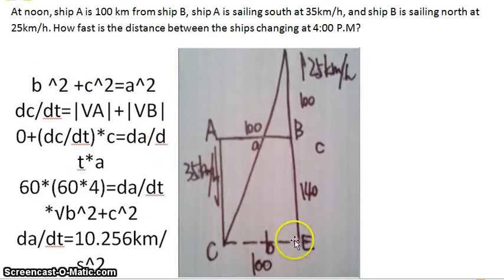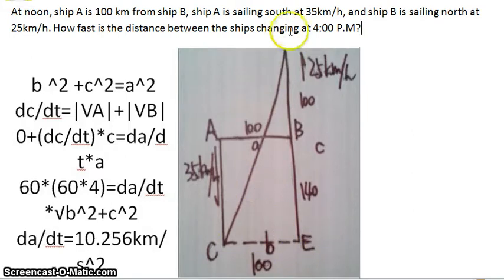So I draw something here, like AB equals CE and AC equals BE. I mean, I draw this thing here, and I made a triangle here. It's a right angle triangle.